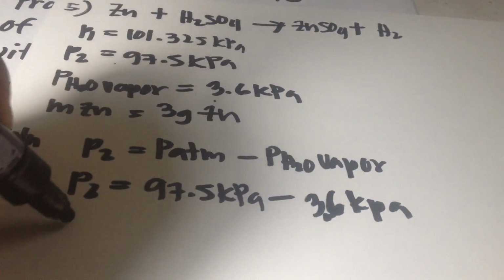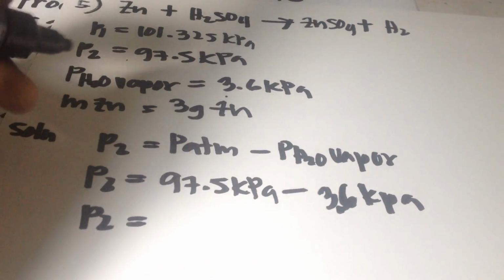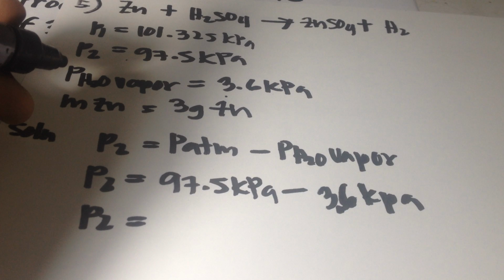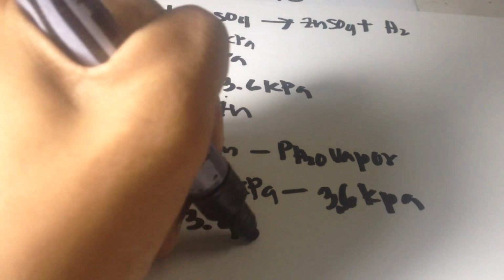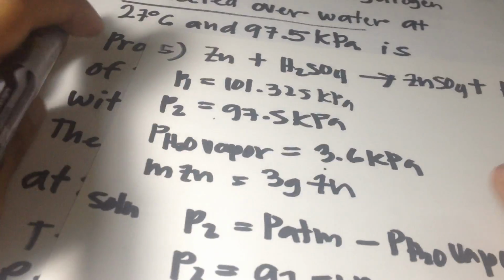So P2 is equal to 97.5 minus 3.6, which is 93.9 kilopascal.